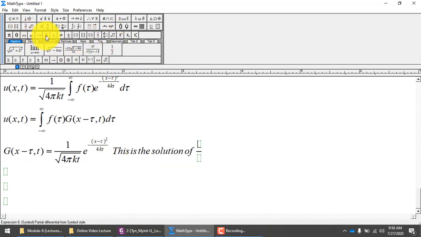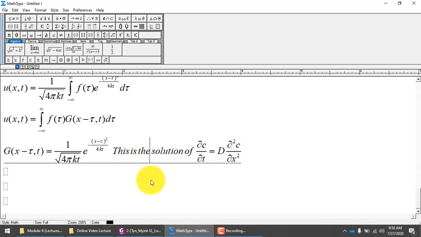Partial C, where C stands for concentration, by partial t is equal to what? D, where D is the diffusivity constant in the literature, times partial square C over partial x square. This is known as the diffusion equation in one dimension form, and this G is actually the solution of that.